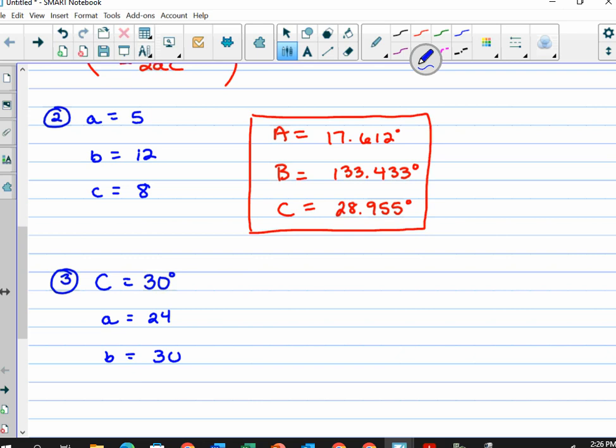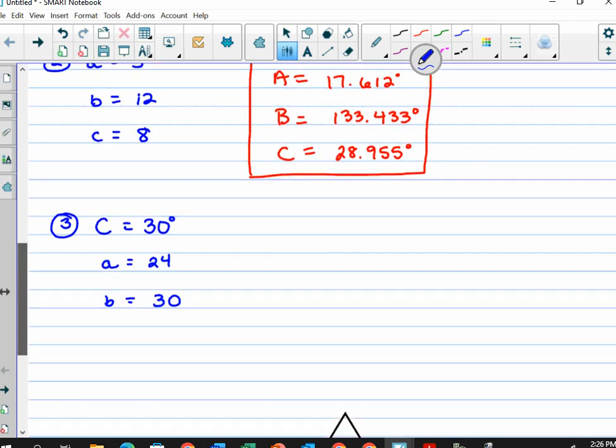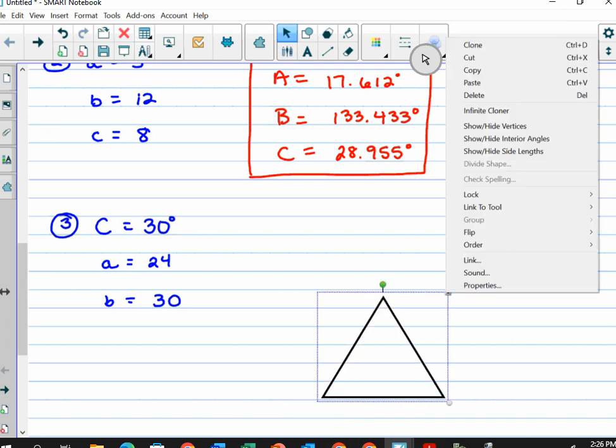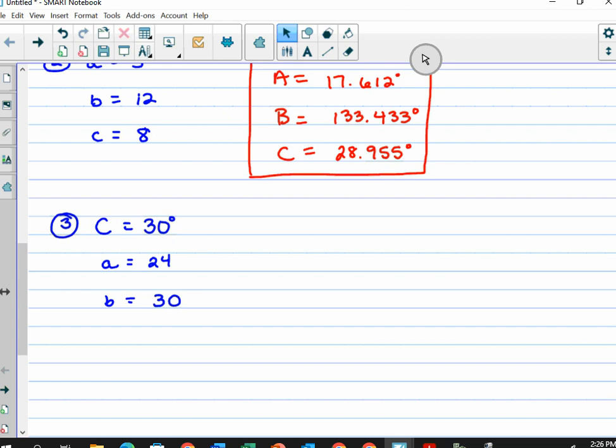Now that's a big C. See, we can tell the difference, right? That's clearly angle C. It's not little c. Solving for everything else. Yes, that's what we're doing here today, folks.